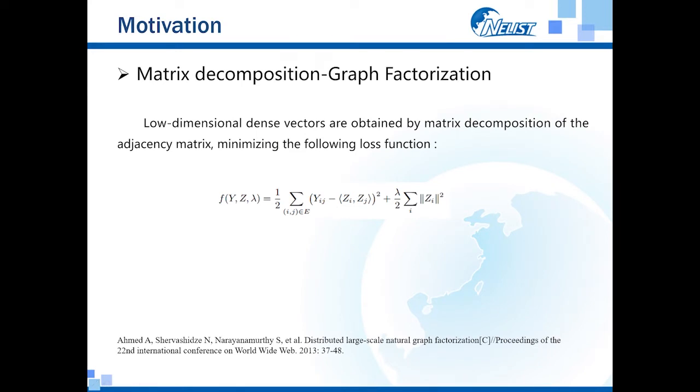There is a lot of research on graph embeddings, and we briefly introduce three representative studies here. The first is graph factorization. This type of method uses matrices to store the relationships between the nodes and obtains the embedding representation of nodes by matrix decomposition.